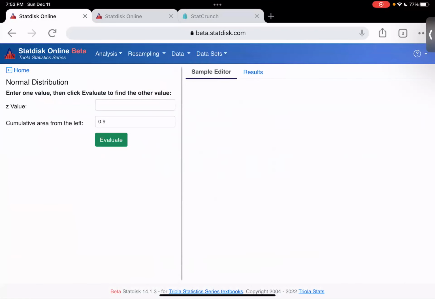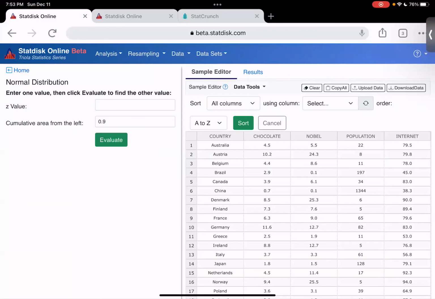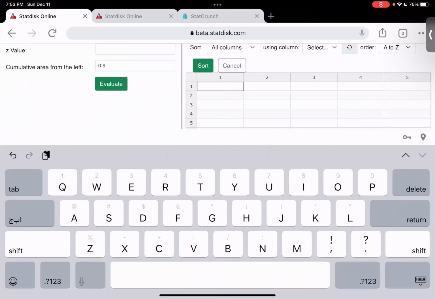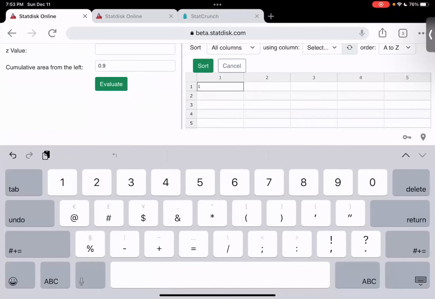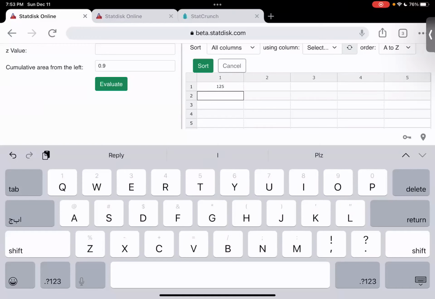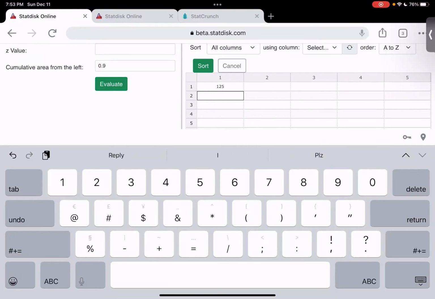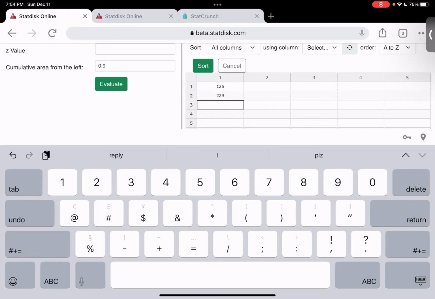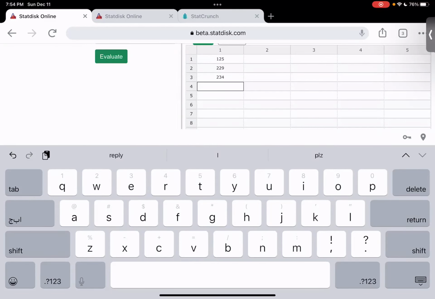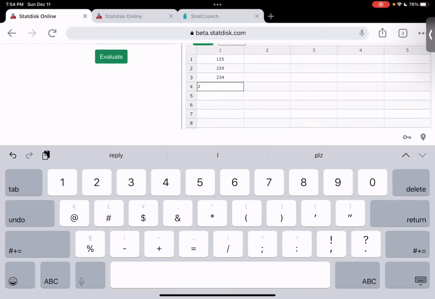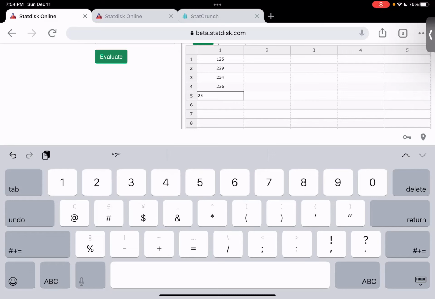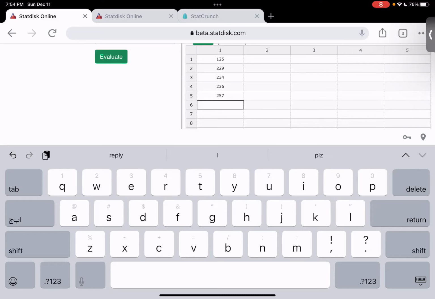So we come to the data set here, maybe clear. Okay. And then we take this data set, which we did say 125, 229, 234, okay.